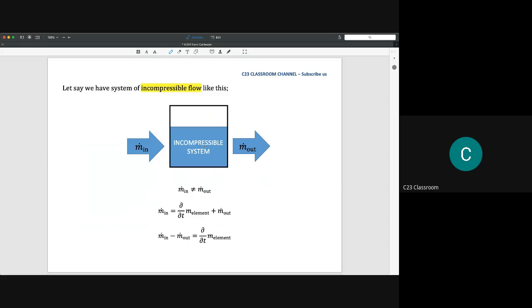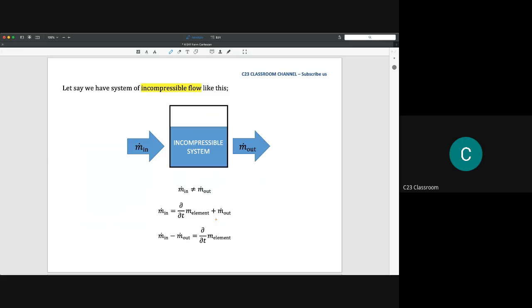So for sure there is an increment of mass inside this system. So we cannot just use the idea of inlet equal to outlet. What we need to understand is that mass inlet is equal to the mass outlet plus the change of mass inside the system. That's why we need to write m dot in equal to dm dt plus m dot out.